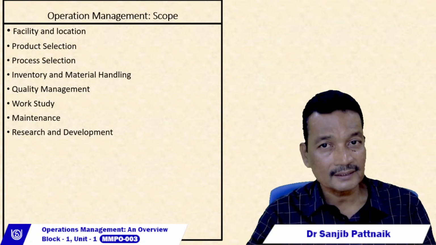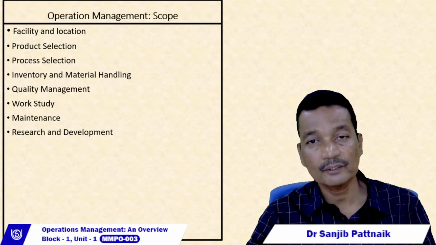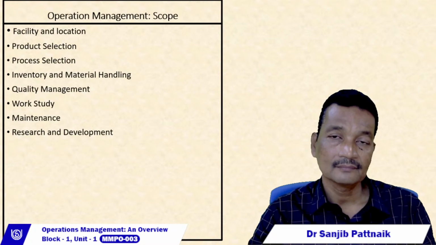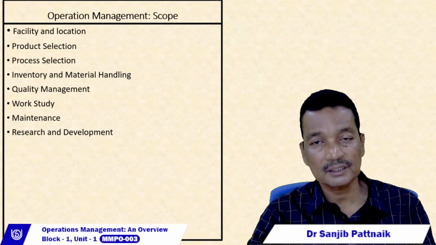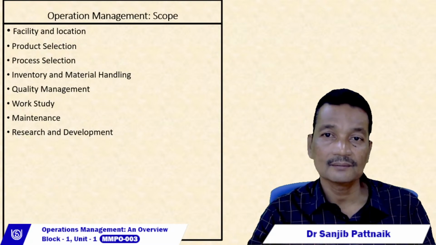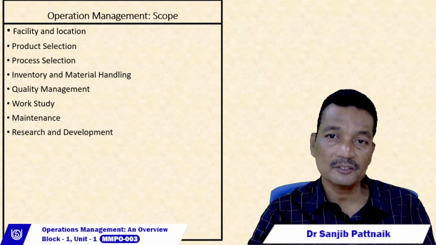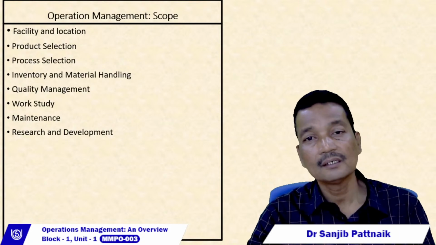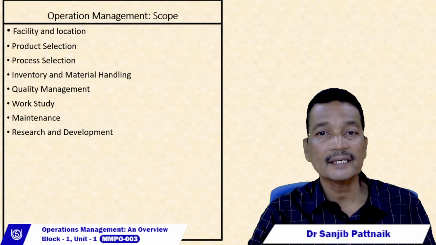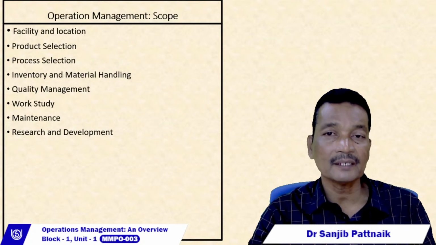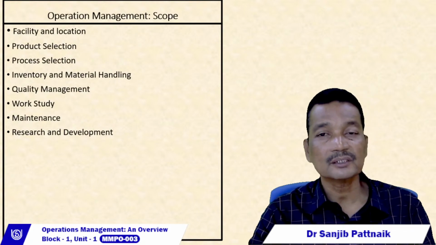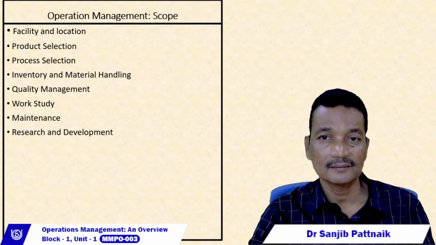The way the things are done, if we try to analyze, we call it work study. So, work study focuses on what is the best possible way that can be provided to the worker so that they can work in a better environment, leading to better quality items and productivity.